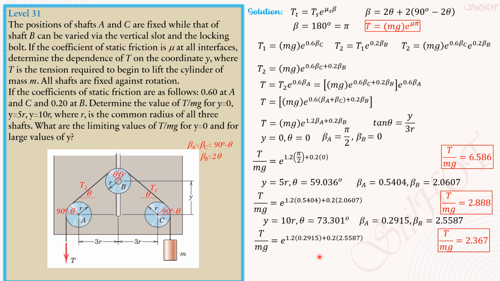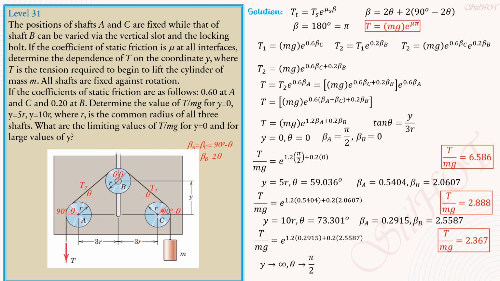So when y approaches infinity, theta approaches pi over 2. I hope you can anticipate that. You just substitute a very large value here, or you look at the figure: when B is very far, then this cord will almost be vertical. So that's why theta is pi over 2.